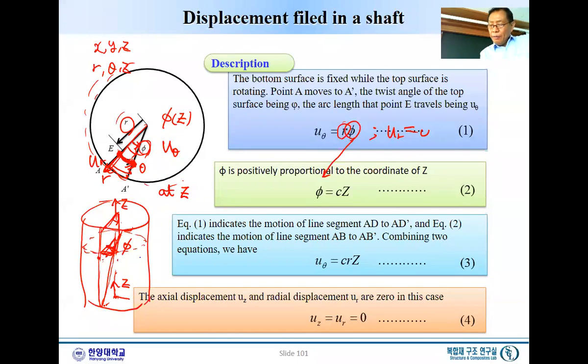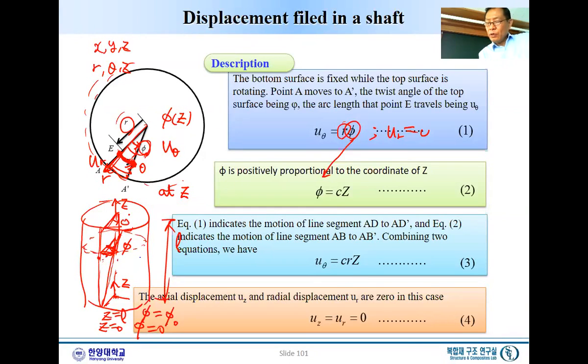Simply at the bottom, z equals 0, phi equals 0, right? And at z equals L at the top, say this one is L, then the twisting angle will be phi 0. I would call it phi 0, which occurs at the top surface.